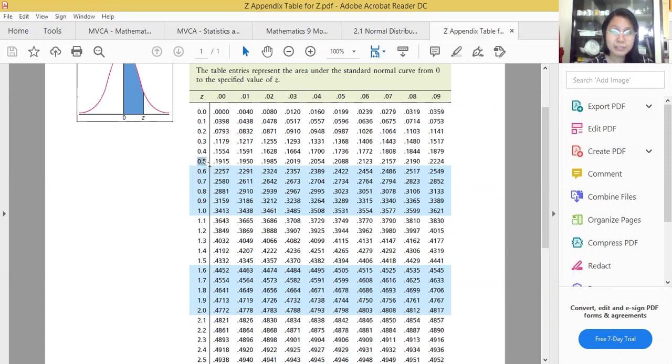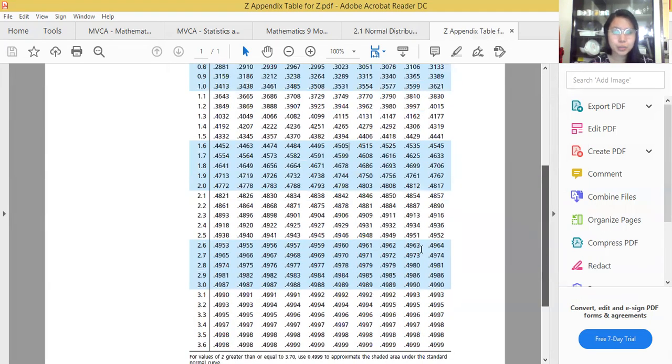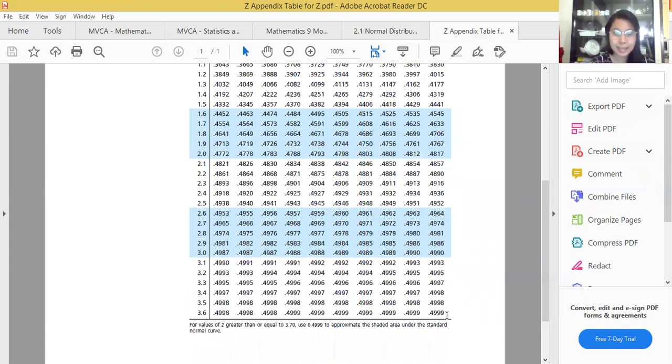So you have 0.5 and then 0.55 on top. Let's have the intersection. The answer is 0.2088. Basically, it's just reading the table. If you notice, the last value will be 3.69. And there is a note at the bottom. For values greater or equal to 3.70, the answer is always 0.4999.